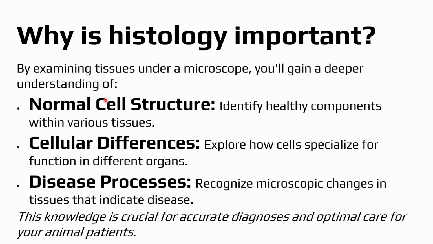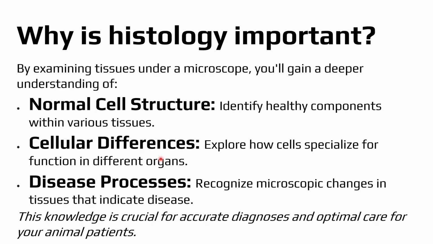So we will need to determine the normal cell structures and the differences in cell structures depending on the cellular function. A key thing to remember in histology is that the morphology reflects the cellular or tissue's function. They go hand in hand and are not separable from one another, which means anatomy and physiology are two faces of the same coin.